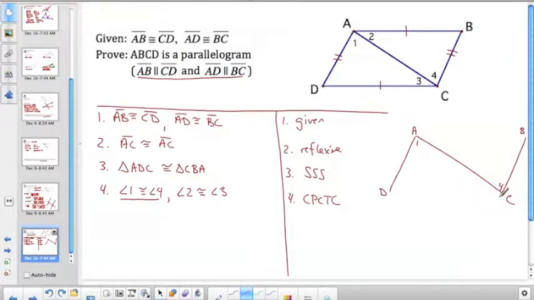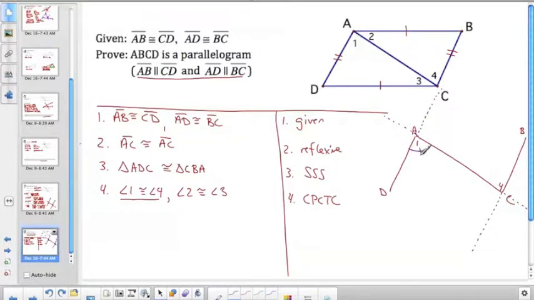Now we have to ask ourselves, what kind of angles are angle 1 and angle 4? It may not be readily apparent to you because this picture doesn't look like things that we've studied before. But if we extend AD in this direction, and we extend BC in this direction, and we extend AC, now this should look more familiar. It looks like two lines and a transversal. The transversal being AC.